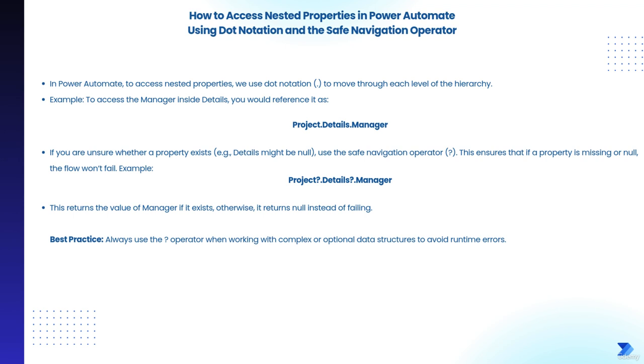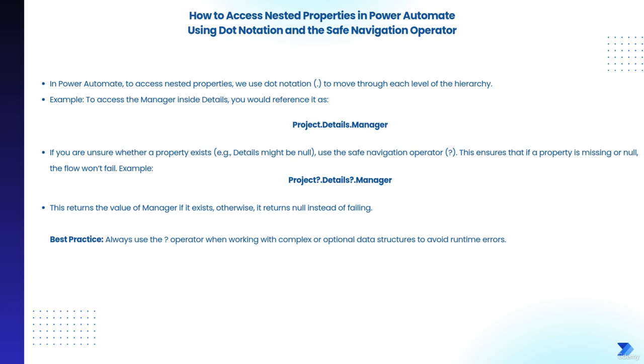However, when working with optional or nested properties, it's important to utilize the safe navigation operator, the question mark. This operator allows us to traverse the structure without causing errors if an intermediate property is missing or null. For example, if we want to access the manager using the safe navigation operator, we can write project?.details?.manager.